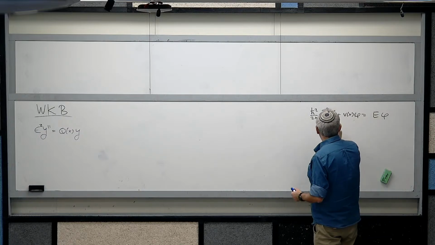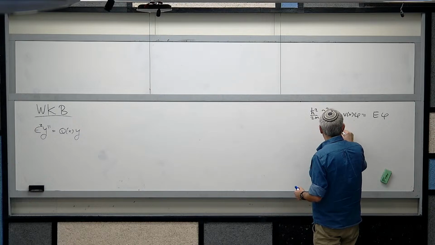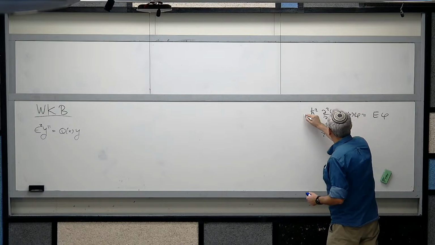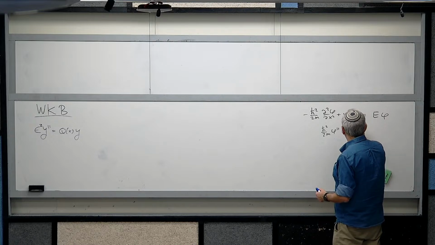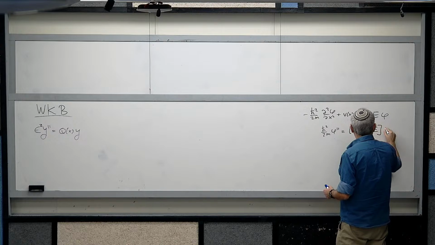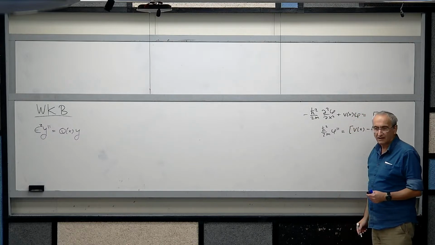We can write it as h bar squared over 2m phi double prime equals, sorry, I have a minus here, so I should multiply everything by a minus. So I have v of x minus e times phi.